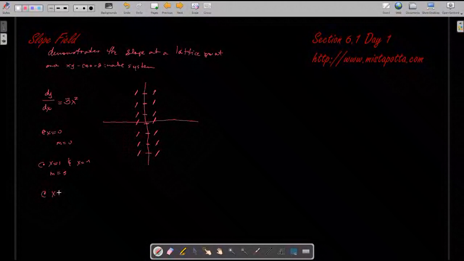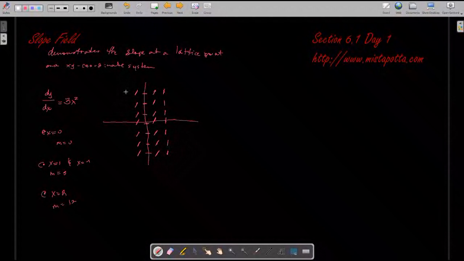And I can talk about what happens at x equals 2. My slope is going to be 12. So it's almost going to be vertical. It's going to be a very, very steep line, almost a vertical line.